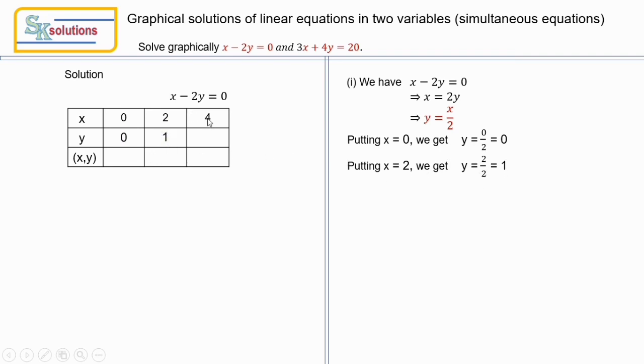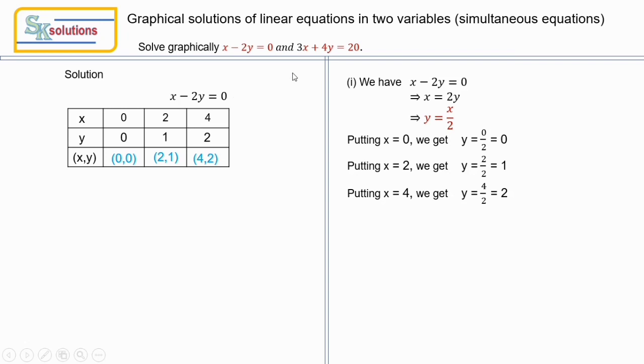Putting 4 in place of x gives y as 2. So the coordinates are (0, 0), (2, 1) and (4, 2). The value of x is 2 here, the value of y is 1.